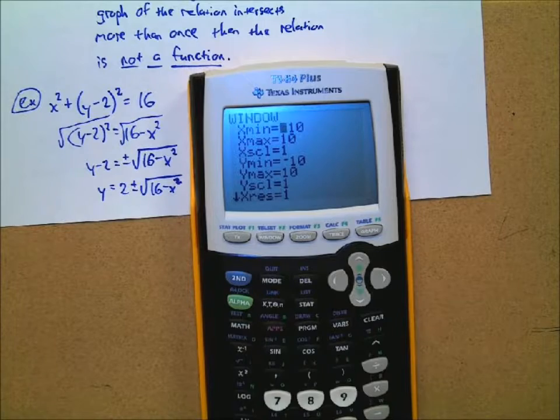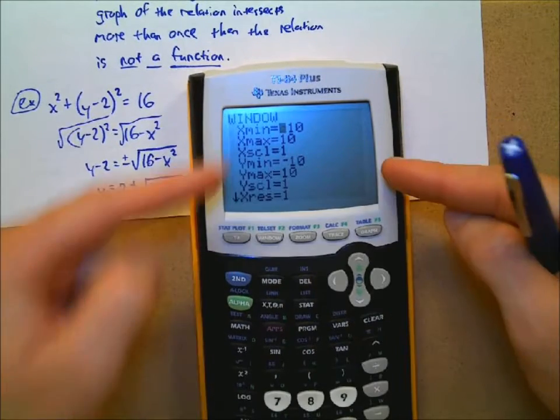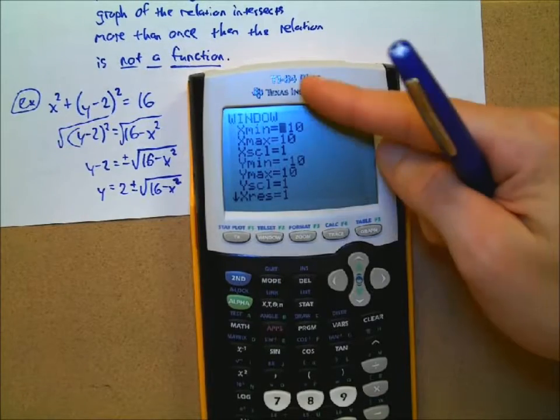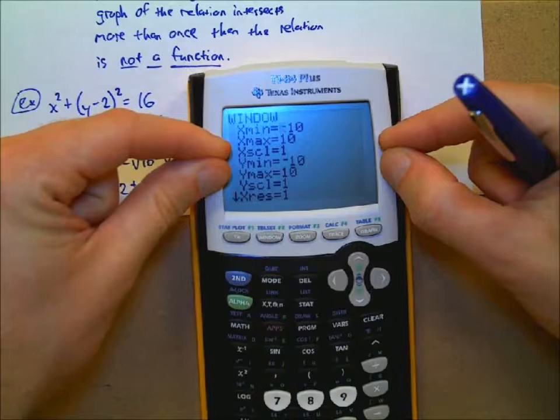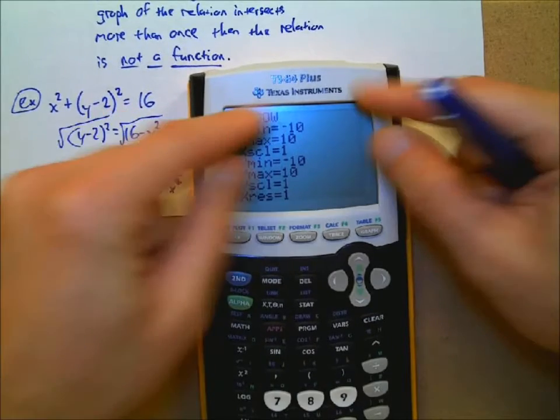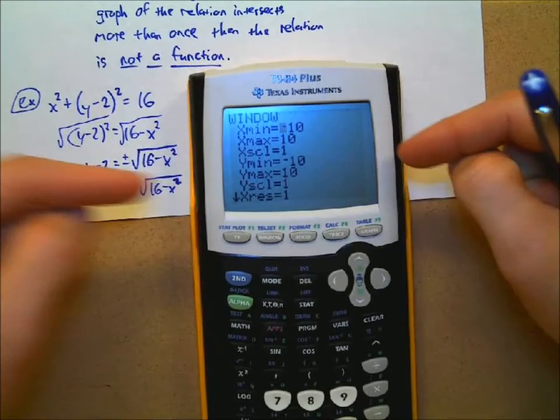But if your x-axis, which is the width of your screen, is 20 and your y-axis, which you can think of as the height, is also 20, well, this 20 will be stretched out on the horizontal as compared to the y-axis. Or you can think the y-axis will be shrunk in compared to the x-axis.